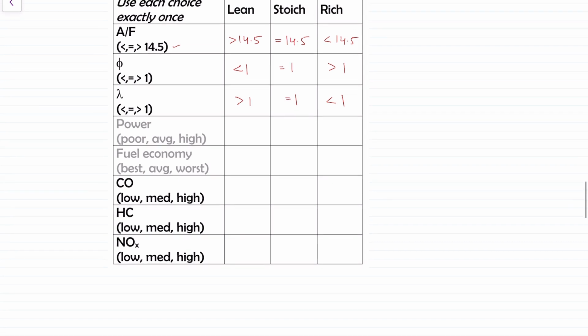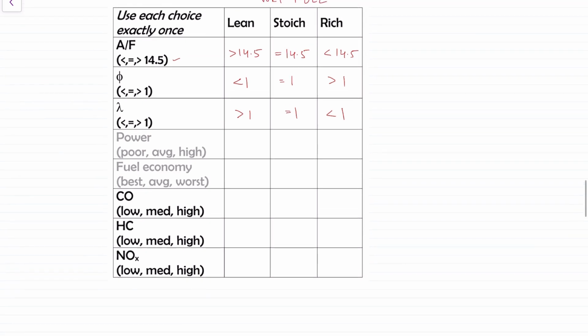Now, what about the power generated in terms of fuel lean, stoichiometric, and fuel rich? For fuel lean, you have less fuel and more air, so the burning is not proper, so this one is usually the poorest of the three.